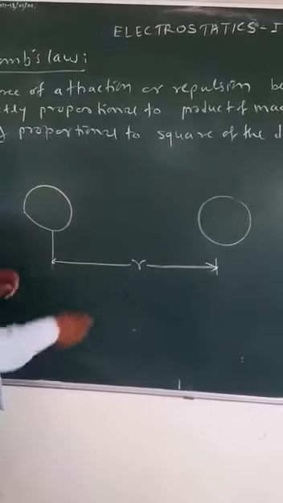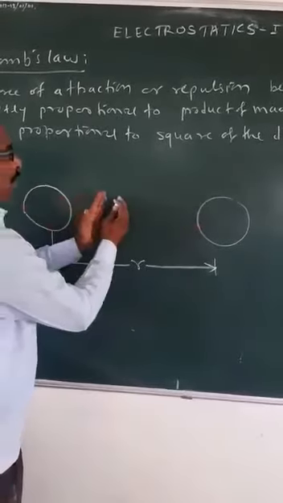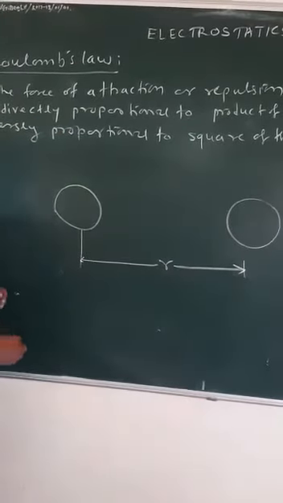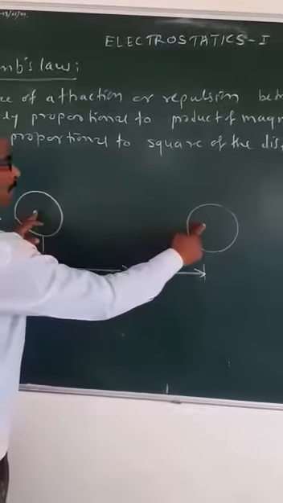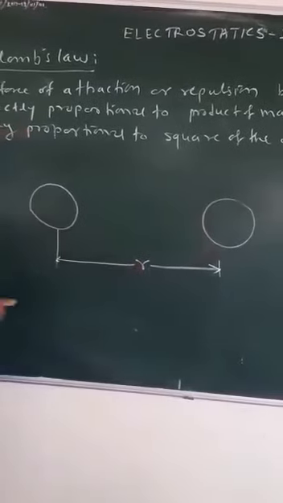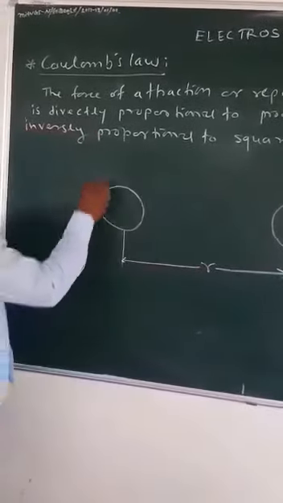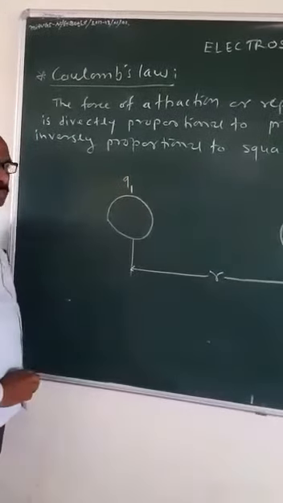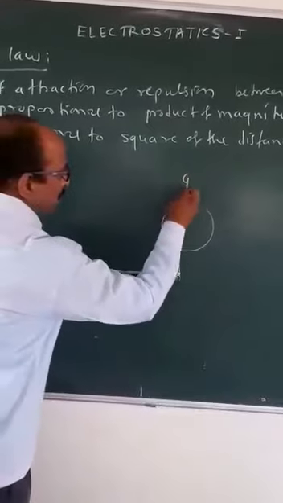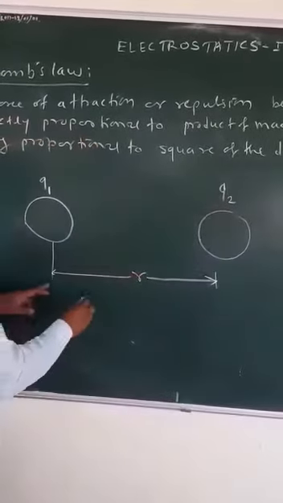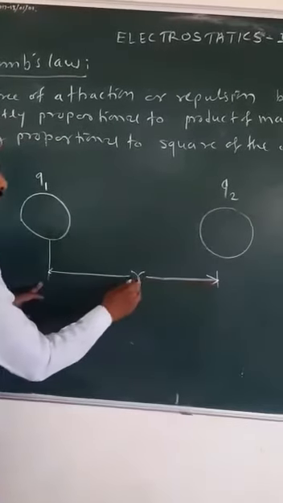It means the force of attraction or repulsion between any two charges is directly proportional to the product of their magnitudes and inversely proportional to the square of the distance between them. Now let us consider Q1 be the magnitude of the first charge, Q2 be the magnitude of the second charge, and these two charges are separated by a distance r.